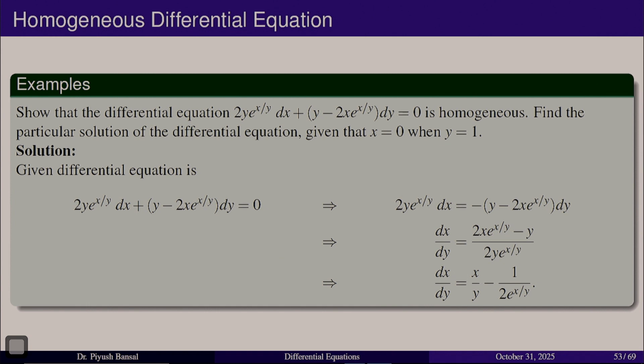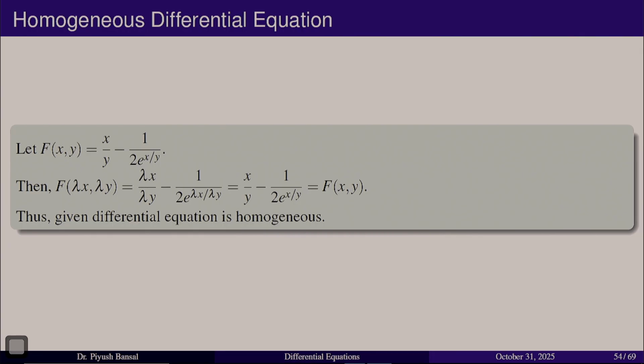So, first we check that this is a homogeneous function. Just go by the definition: f of lambda x, lambda y equal to, we can see that this is turning out to be f of x comma y.